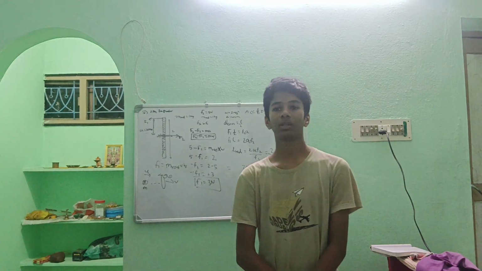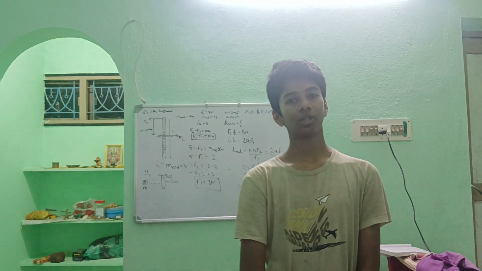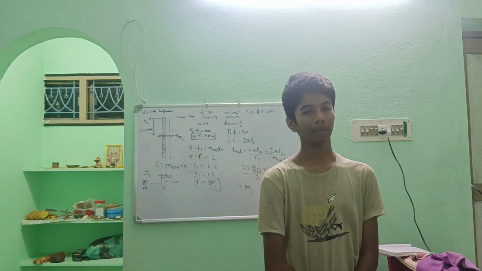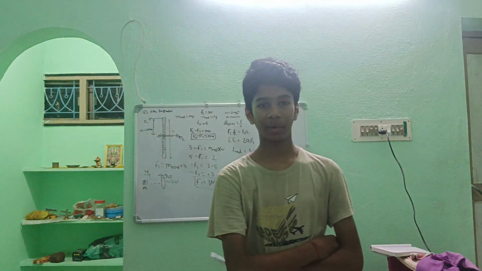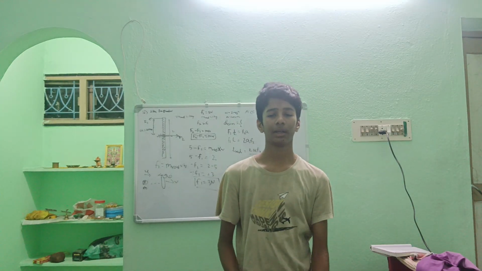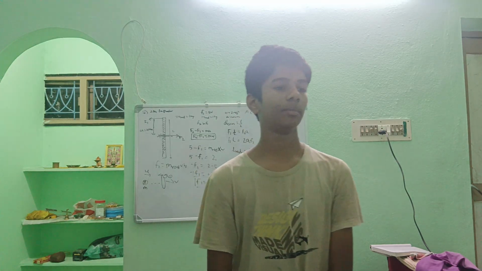Solve more questions, then you can understand physics. To know physics, you need to start with maths basics. After maths basics, you need to start kinematics, motion in a straight line, and you need to know trigonometry and algebra.